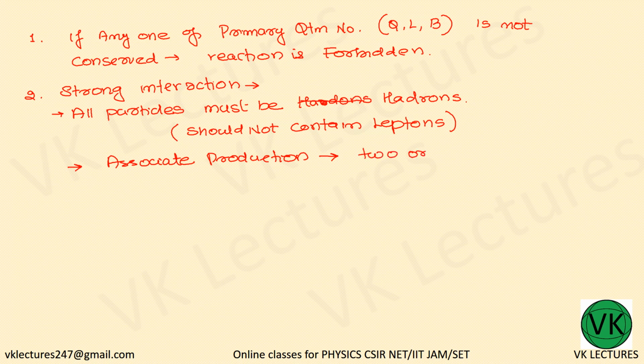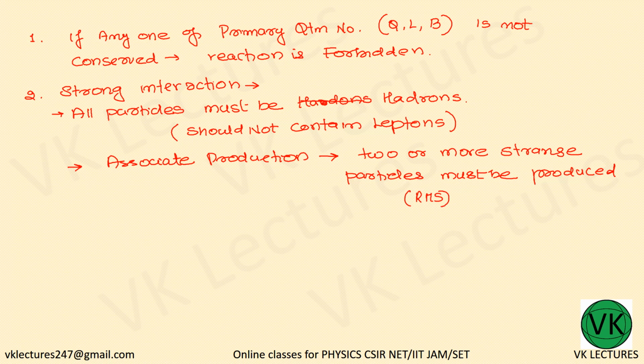Two or more strange particles must be produced. That means on the RHS you should have two or more strange particles.